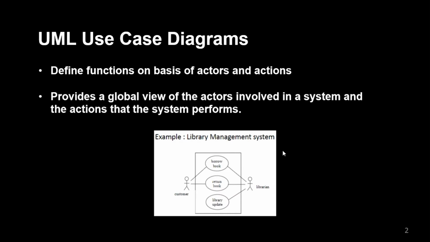So it defines the functions on the basis of these actors and actions. So we'll see how we can identify these different actors and different use cases for a given system, how we can associate those use cases using different types of relationships, and basically how to draw this use case diagram.